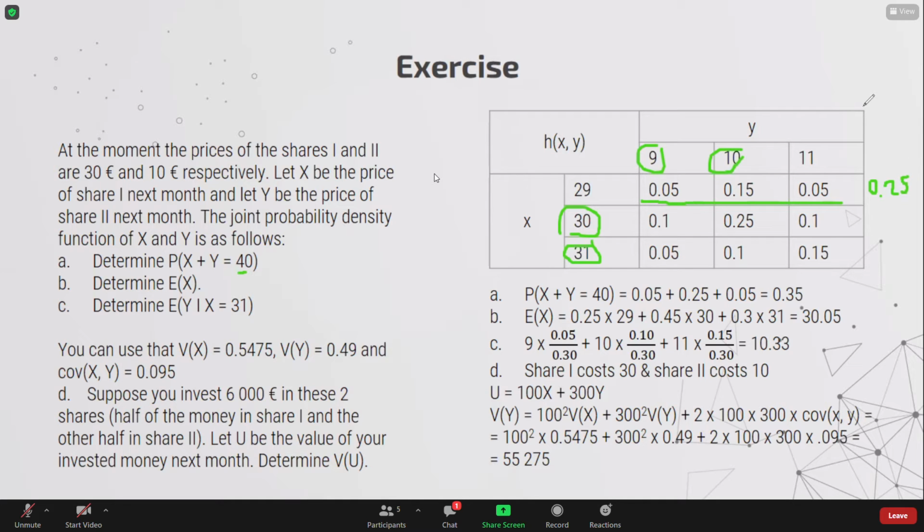If you calculate the probability of x being exactly 30, no matter the y, it should be 0.45. If you calculate the probability of x being 31, not taking y into account, it should be 0.30.